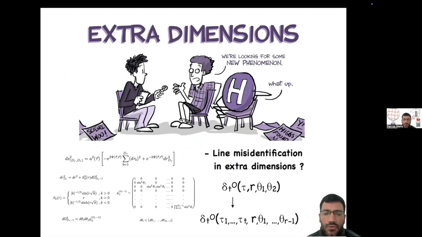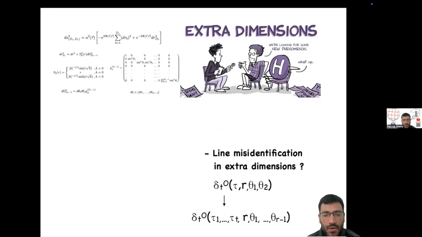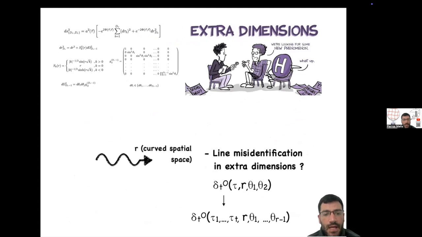But here I'm going to simply describe these ideas by taking the observed density in 4 dimensions and then adding extra dimensions, simply as follows. So we build the radial spatial dimension, which is also curved due to the amount of mass and energy around it. And we have the temporal dimension here.